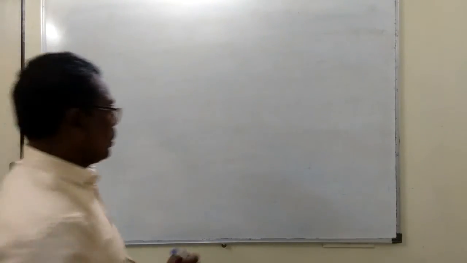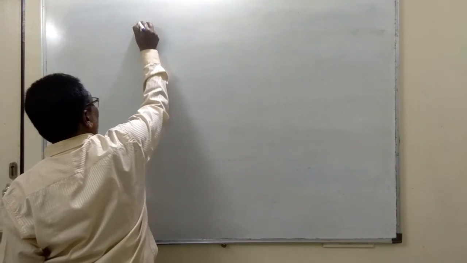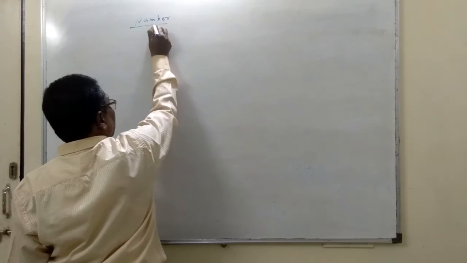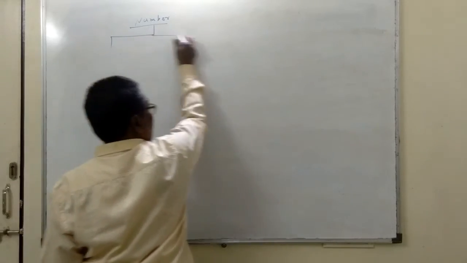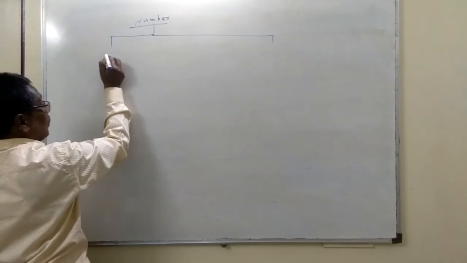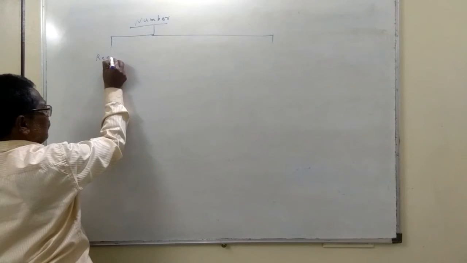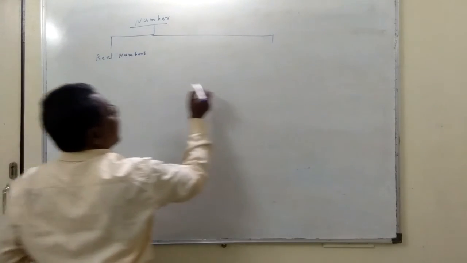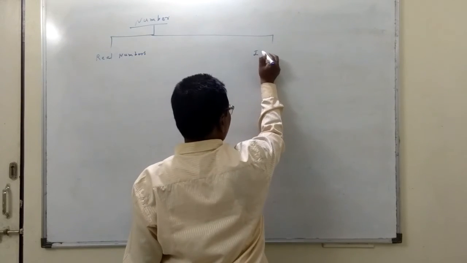So you know the numbers which are used in mathematics are basically classified into two groups. One is the real numbers, the other is the imaginary number.